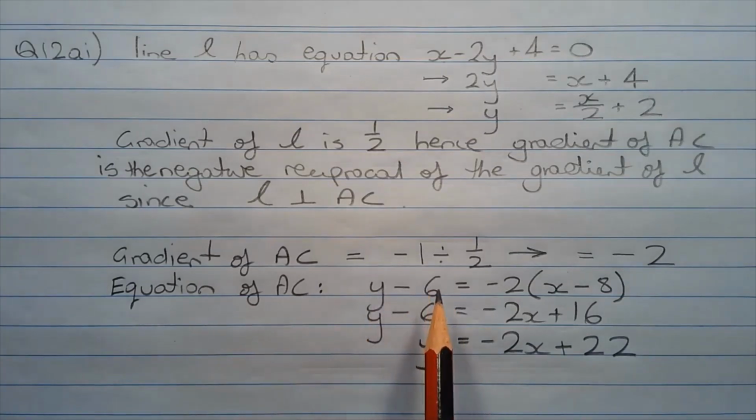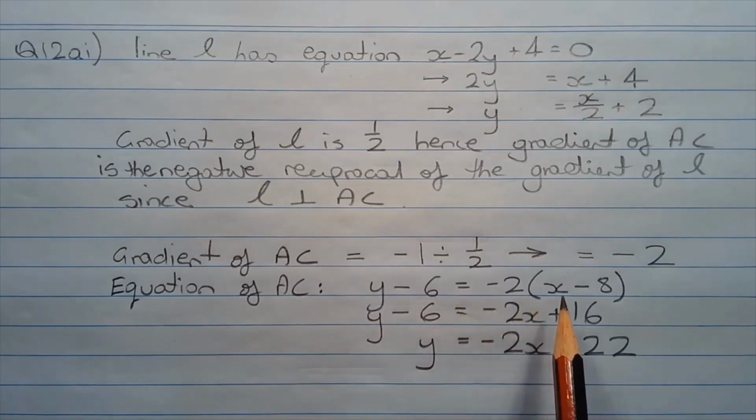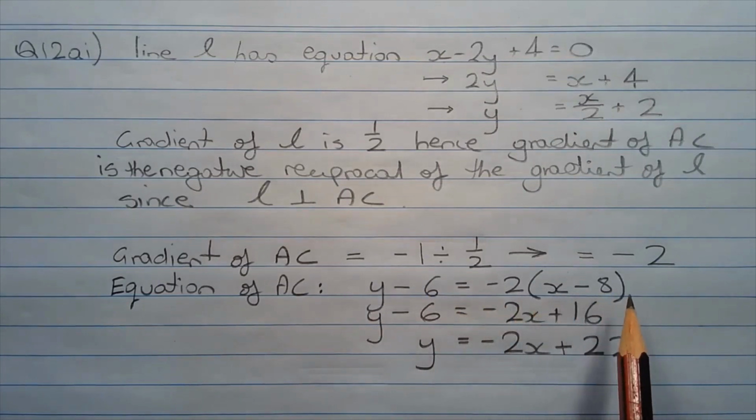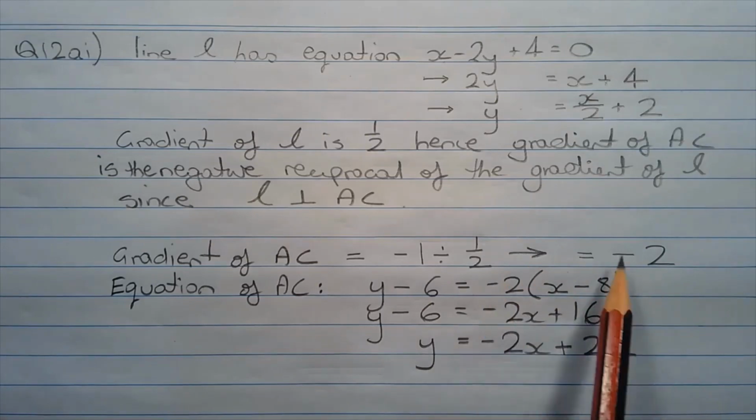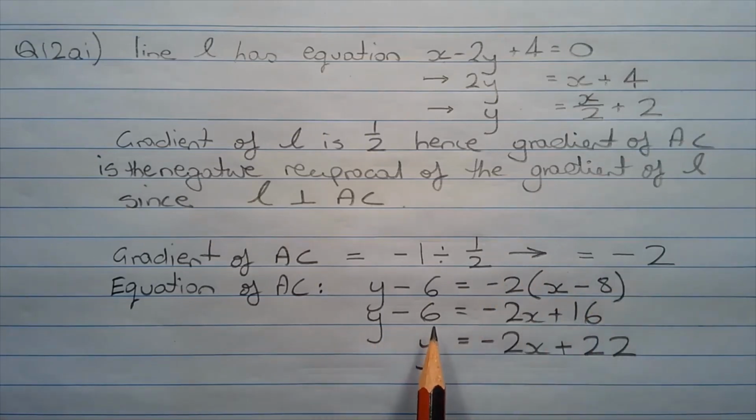So y minus y1, so that's y minus 6, is equal to -2 times (x minus x1), or (x minus 8). Expanding the brackets, we have y minus 6 is equal to -2x plus 16. And adding 6 to both sides of the equation, we have y is equal to -2x plus 22.